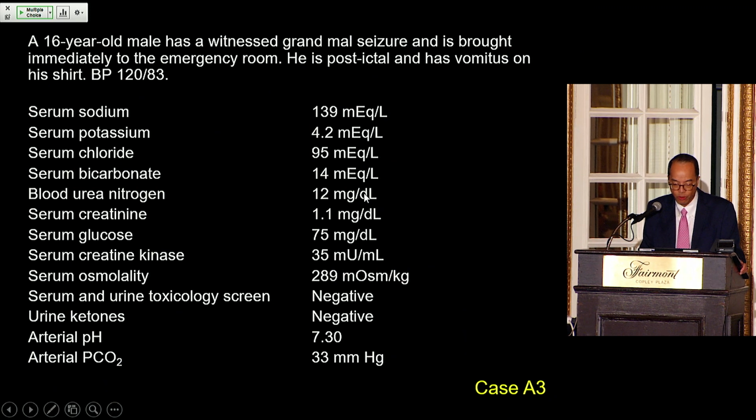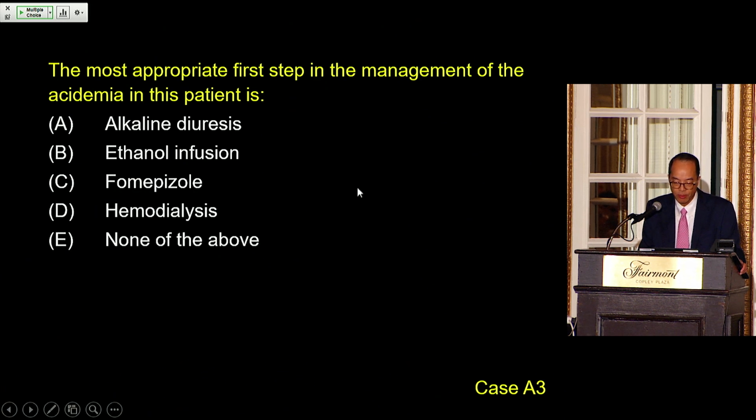Labs are notable for bicarb of 14, creatinine 1.1, CK is normal, serum osmolality is 289, tox screen is negative, ketones negative, pH is 7.3, and PCO2 is 33. The most appropriate first step in the management of the acidemia in this patient is alkaline diuresis, ethanol, fomepizole, hemodialysis, or none of the above?